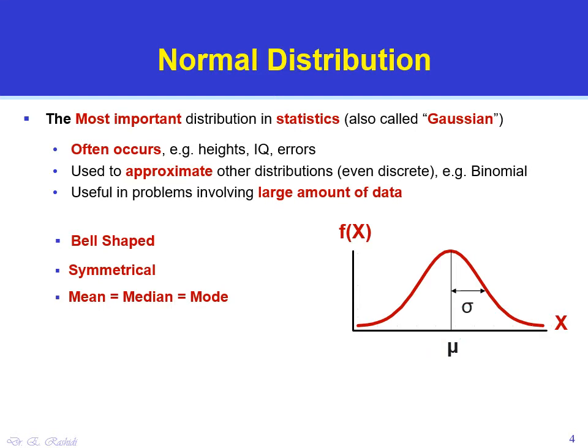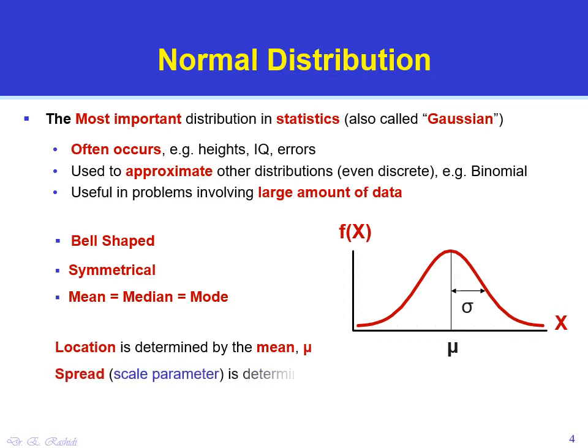So for this distribution, mean equals median equals mode. The location is determined by the average or expected value mu, and the spread or dispersion of the data, the scale parameter, is determined by the standard deviation sigma. The random variable in a normal distribution can take any value from negative infinity to positive infinity.